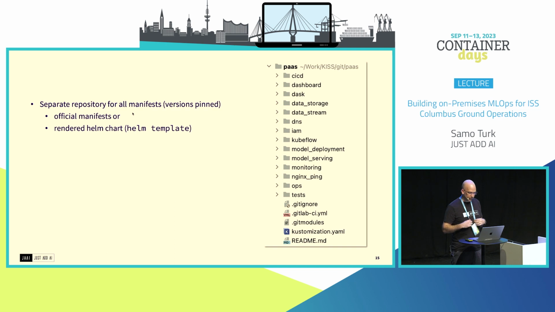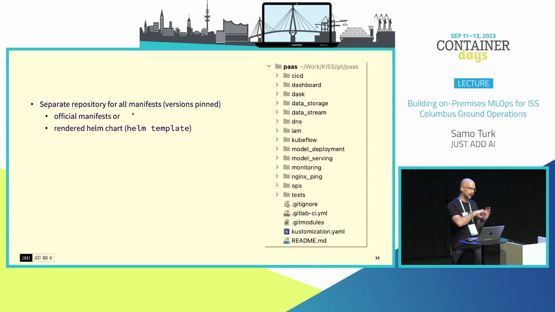Right. So this is how we organize our code. All the manifests for the whole platform are in a single repo. In this repo, we either pull official manifests from upstream, if they're available, or we render a Helm chart if that's how that piece of software is packaged.